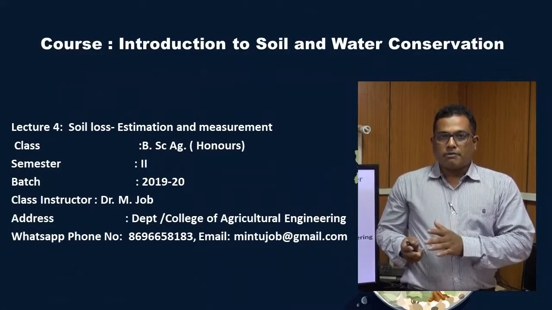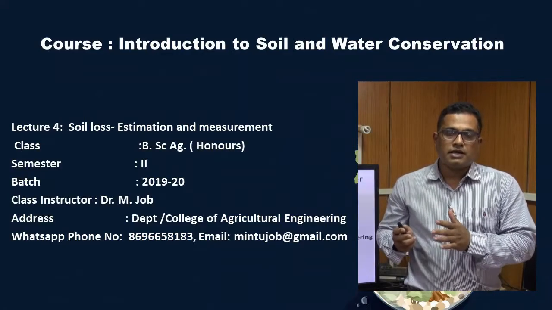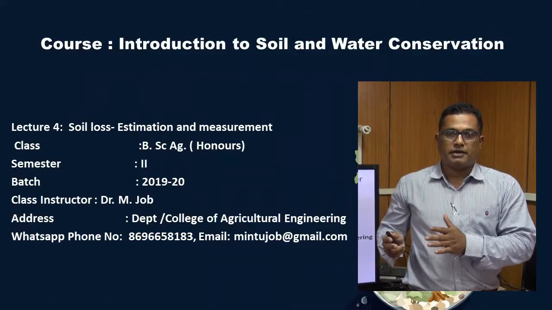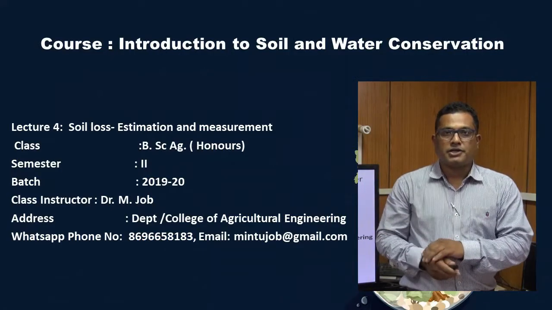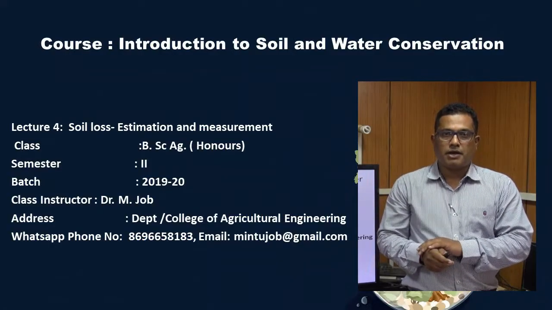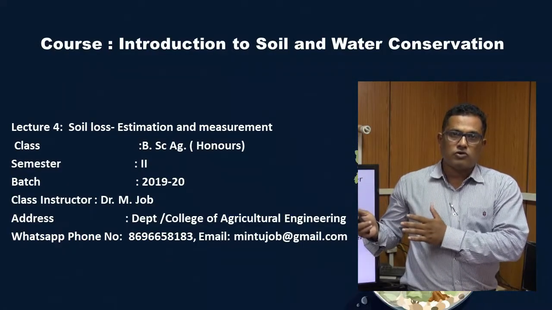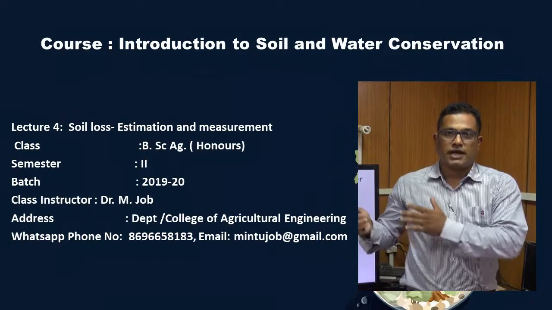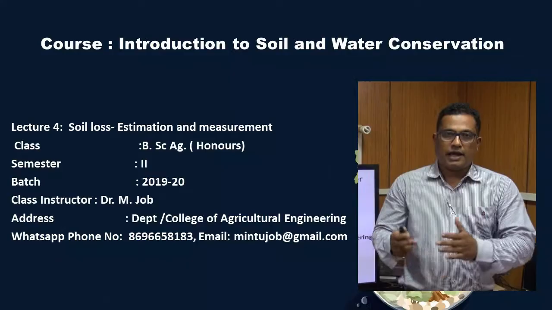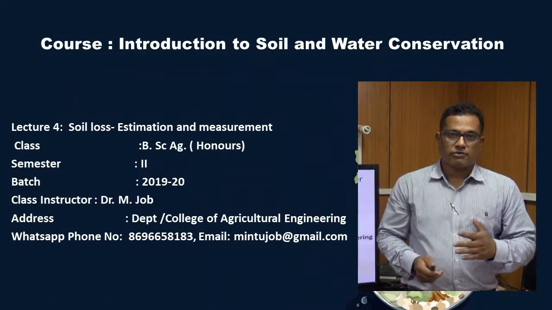In such structures, what we do is construct a pakka, that is, lined or cemented, sedimentation tank of rectangular shape. When there is excess rainfall, the excess runoff overland flow will pass through the sedimentation tank, and only after that will it go to the inlet of your water harvesting structure.